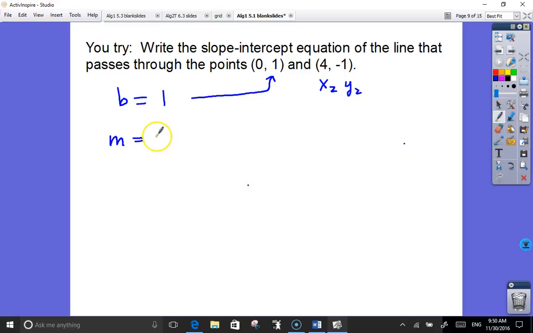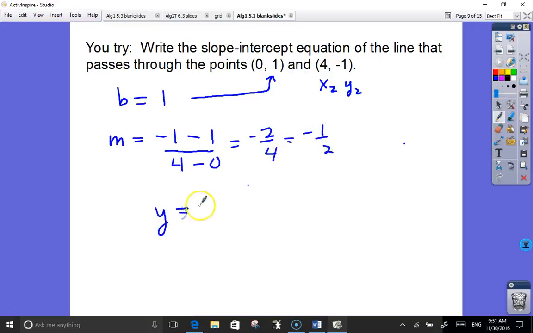So I start with -1, and 4 minus 0, which is -2 over 4, which is -1/2. So y equals -1/2 x plus 1.